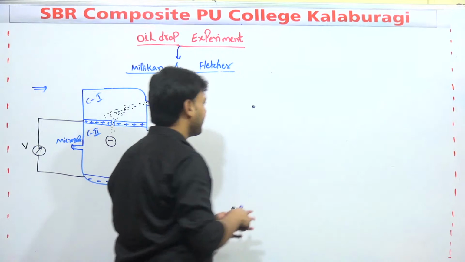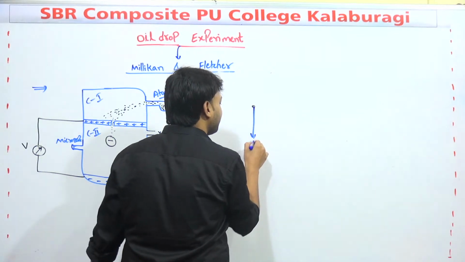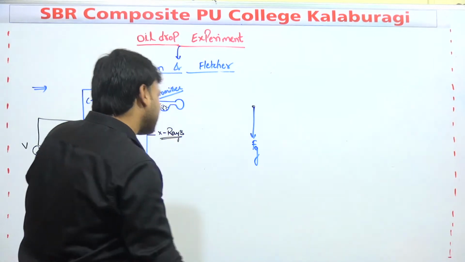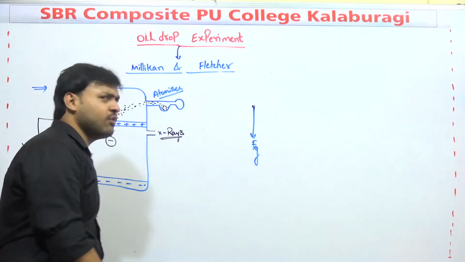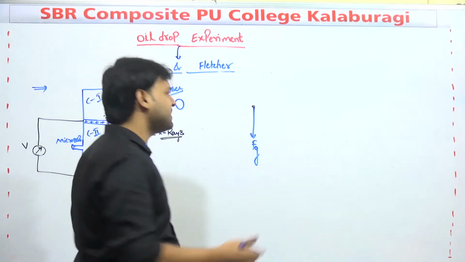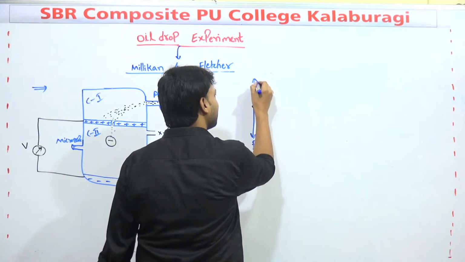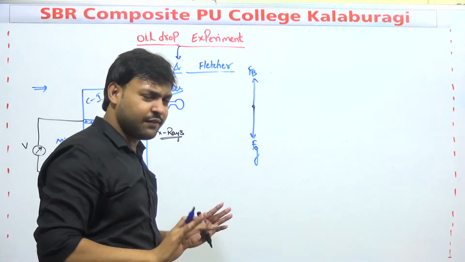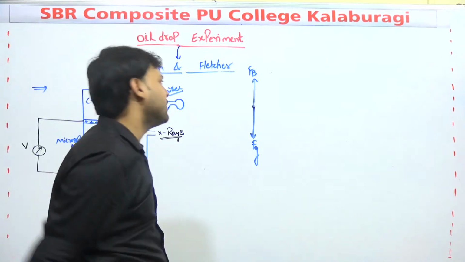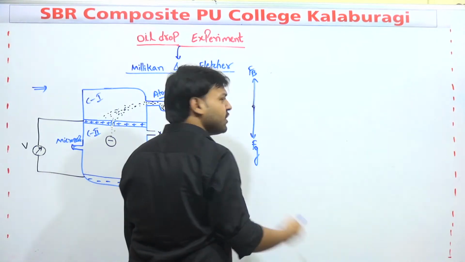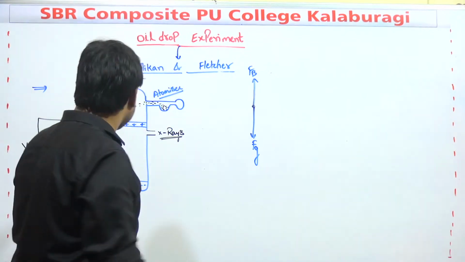So tell me. Gravity acts, we know. If gravity acts, the particles are moving downwards. Particles are there in the fluid, so buoyancy force will act. In which direction? Buoyancy force will be acting upwards. So gravity, buoyancy force. Now assume the electric field is not applied.